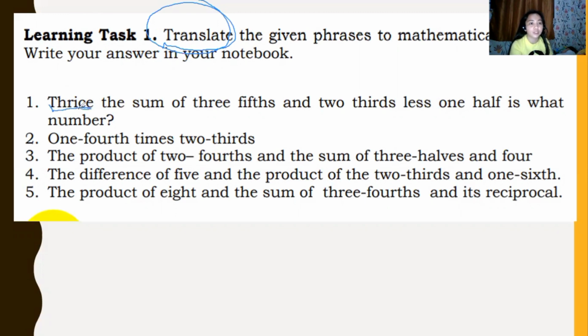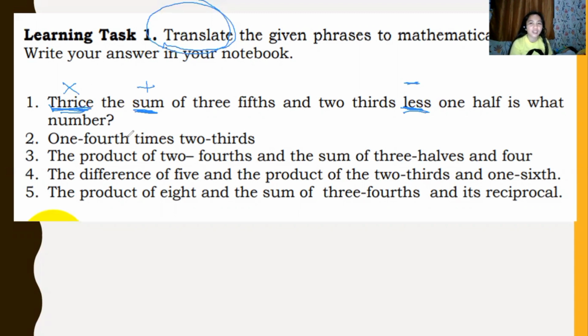We have here the word thrice, which means what operation? This means multiplication. And then we have sum, sinabing sum, that is addition. And then we have less, which means subtraction. So here in number 1, we have 3 operations.